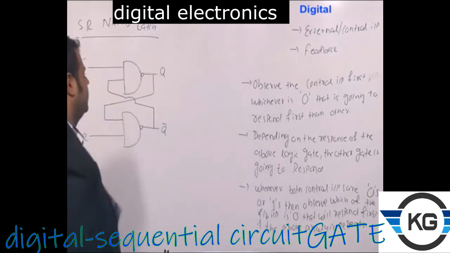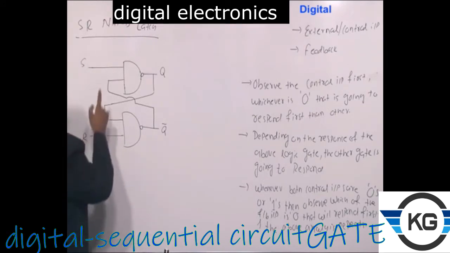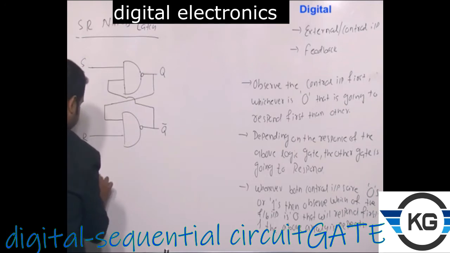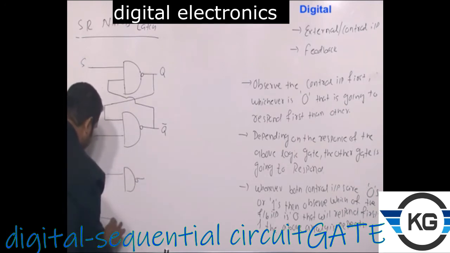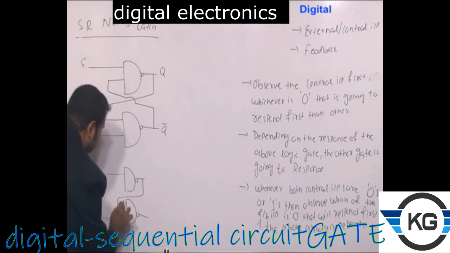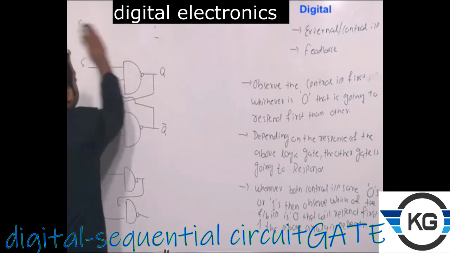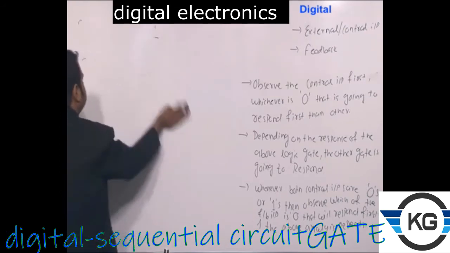What I mean to say in this case is, there are two NAND gates connected in a cross coupled manner. I am drawing one more set here. This analysis is very important.